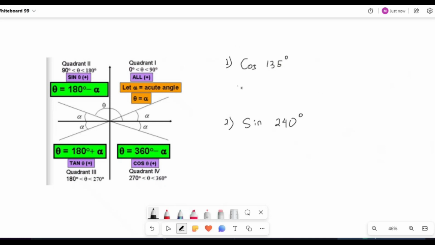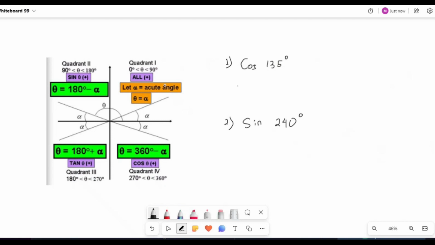Hi guys, so today I will explain how to do some trigonometrical questions, how to find the value of certain trigonometrical degrees by using the quadrant properties. As you have known before, there are 4 quadrants here and the formulas are quite clear.